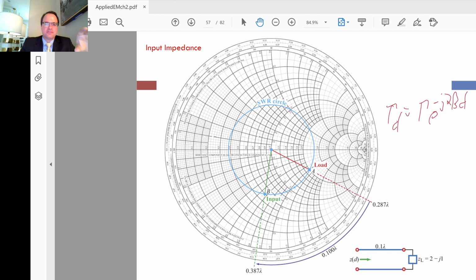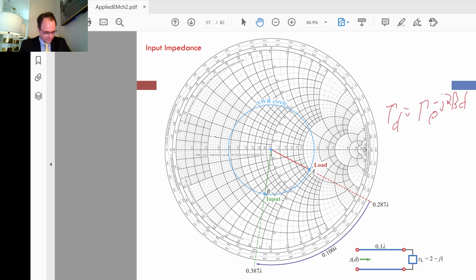And then we added on the two families of curves that allow you to associate with the reflection coefficient the impedance components, the normalized resistance and the normalized reactance. Okay, now we have the standing wave ratio circles that we can also plot on this construction.